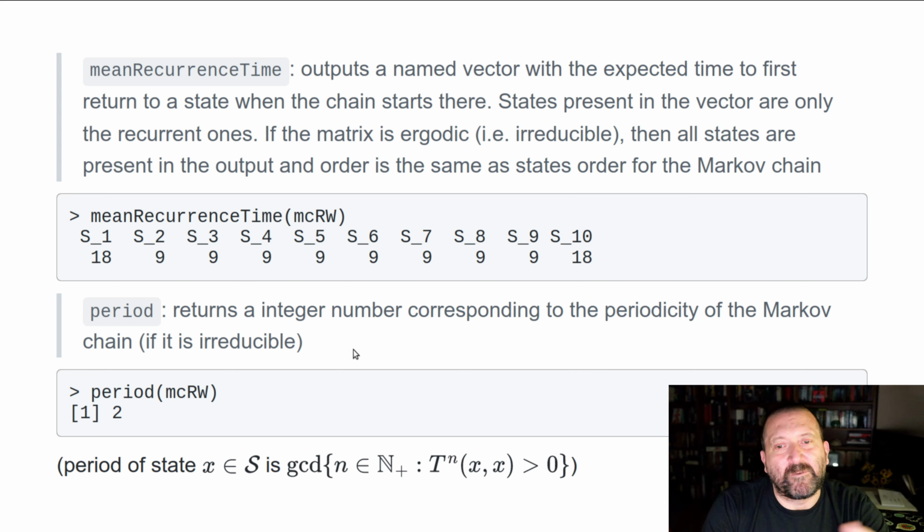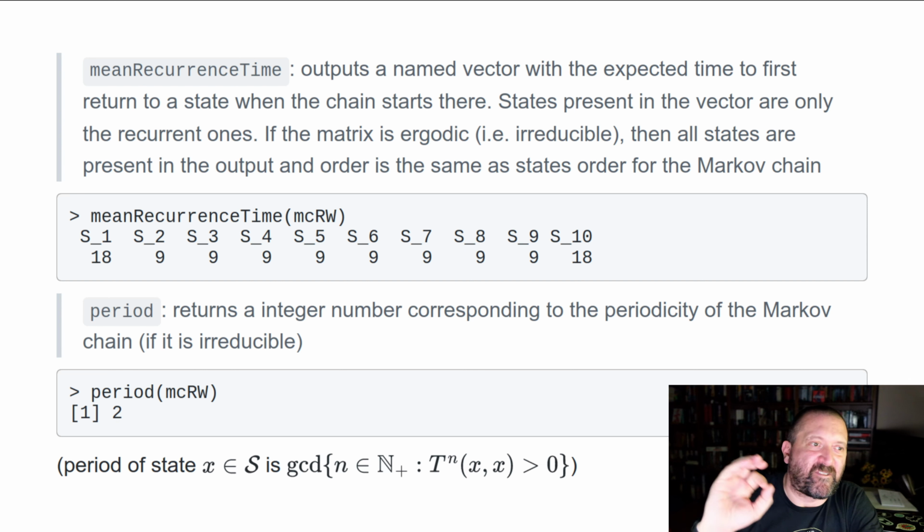And this is simply, if you want to think from a practical point of view, what's the minimum number of jumps that I need to do before I can return to myself. If I start in S1, for example, how long until I can return to S1.